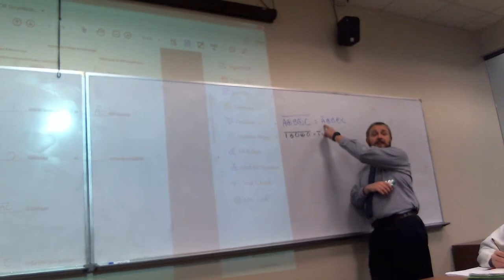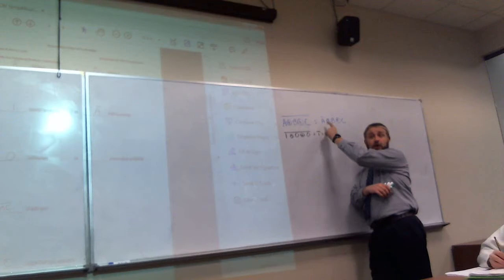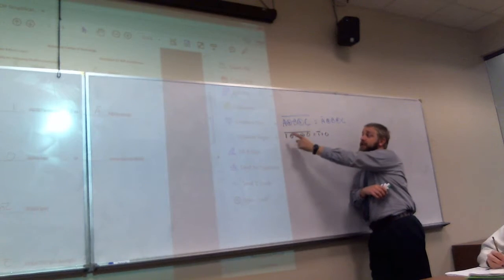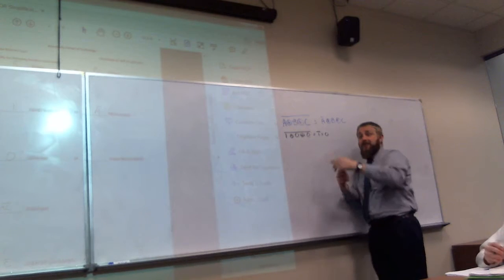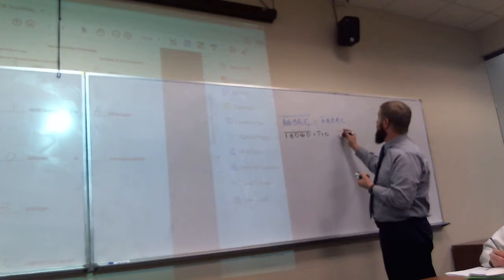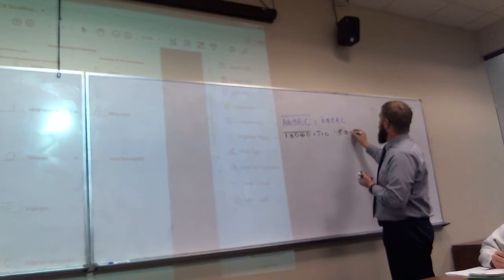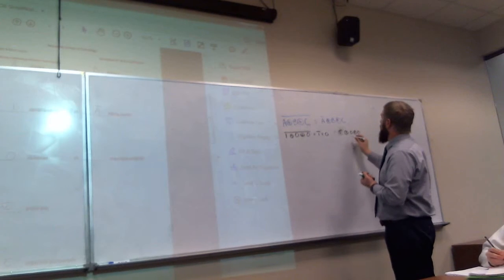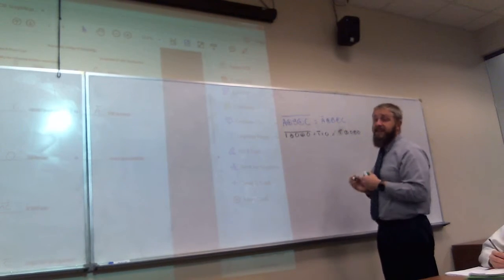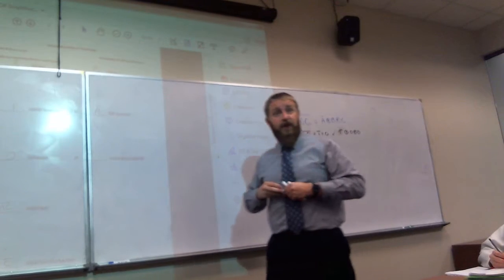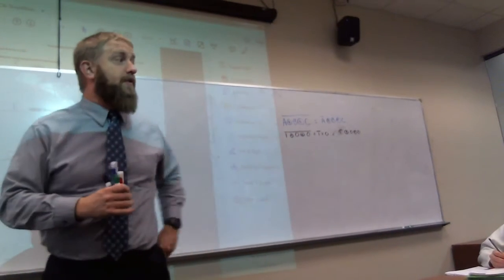What that not sign would then do, just over A, it would change my A, which was a 1, into a 0. Therefore, you have 1 not XOR 0 XOR 0. Therefore, both of these would be false because you'd have 3 zeros.